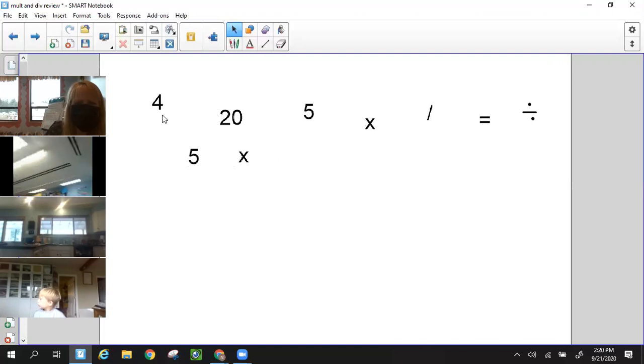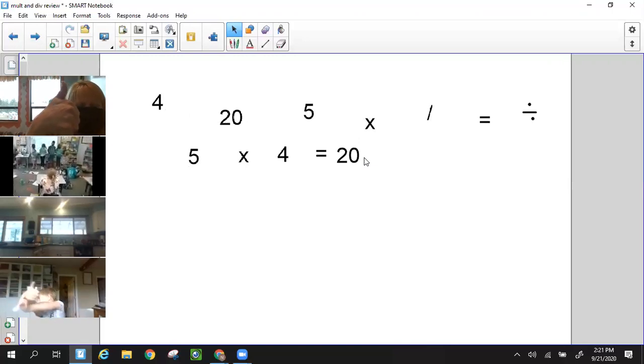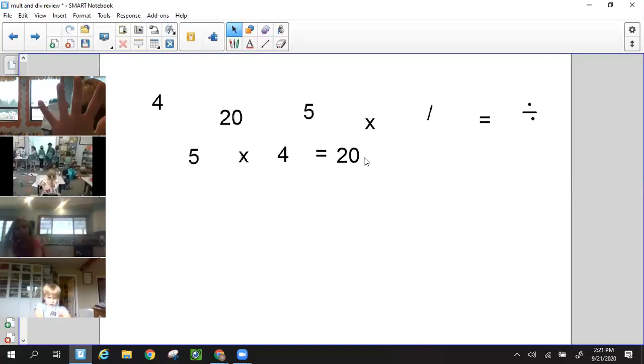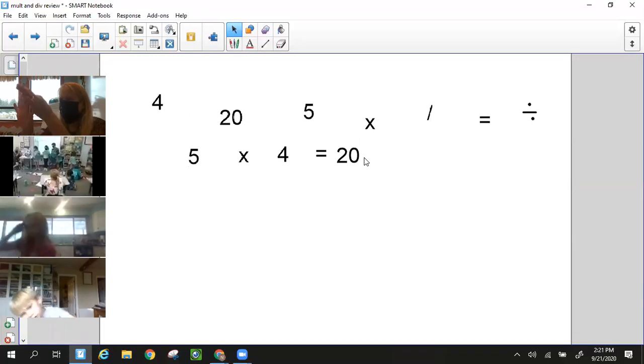They have 5 times 4 equals 20. Give me a thumbs up at home if that's what you got. So that's right. If I put up 4 fingers and count by 5s, 5, 10, 15, 20, that would be right. If I put up 5 fingers and counted by 4s, I'd also get 20. 4, 8, 12, 16, 20.